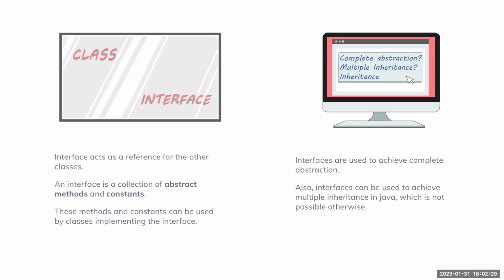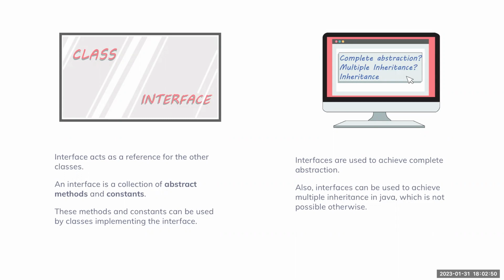But in the interfaces you don't require that. You can just declare that method, and once you implement that interface into a class, then you write the implementation of those methods.